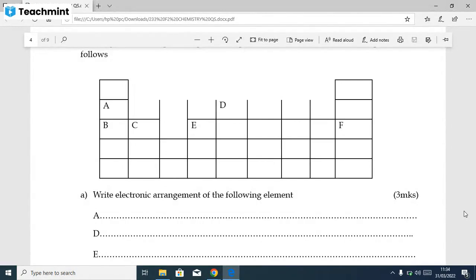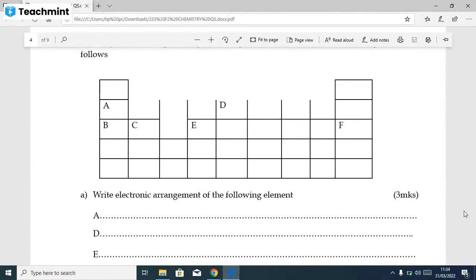For example, what is the oxidation number of calcium? The answer is +2. Oxidation number of calcium is plus 2. What is the valency of calcium? The answer is 2 without sign. Are we together?